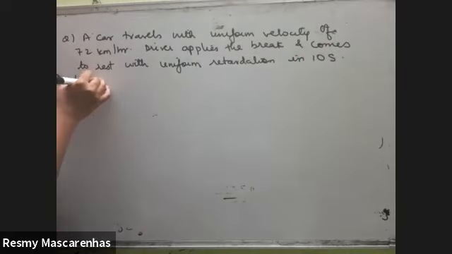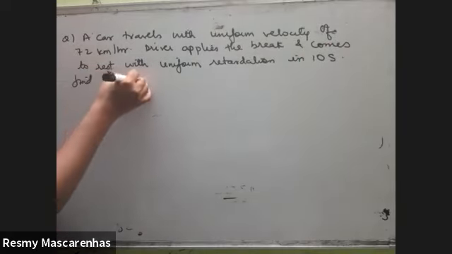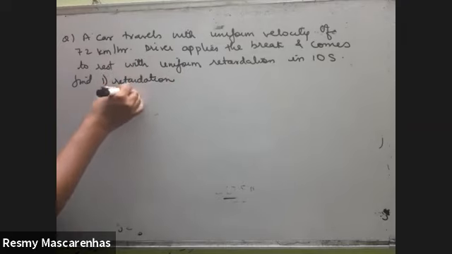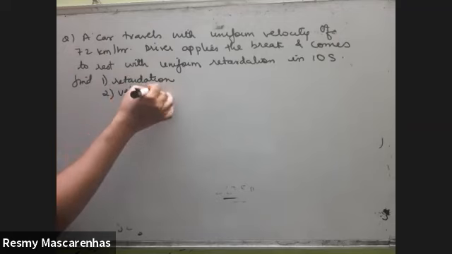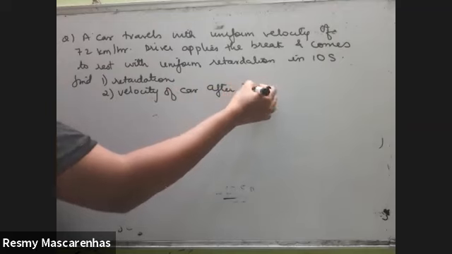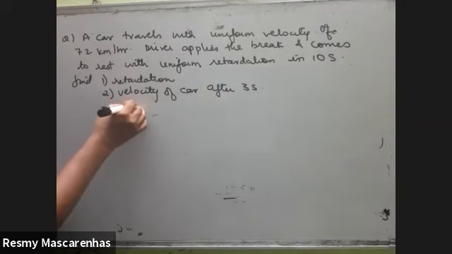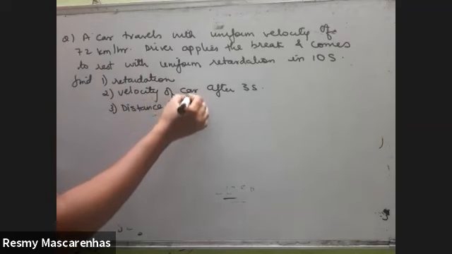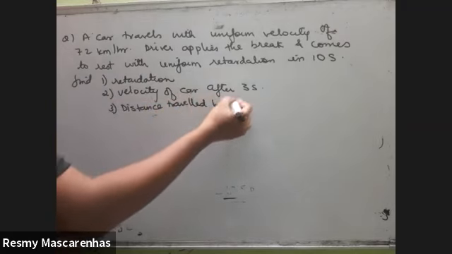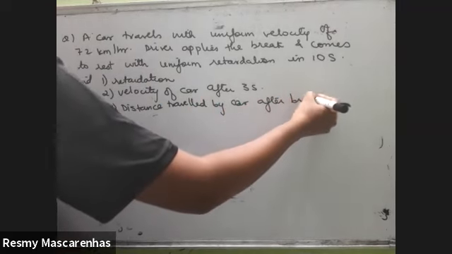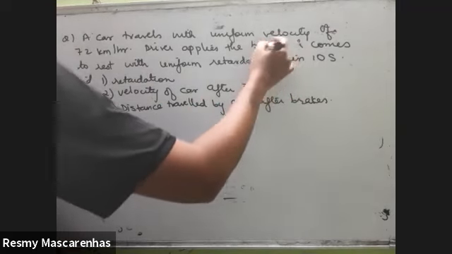First, find the retardation. Second, the velocity of the car after 3 seconds. Third, the distance traveled by the car after brakes are applied.